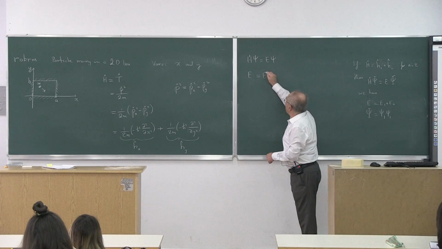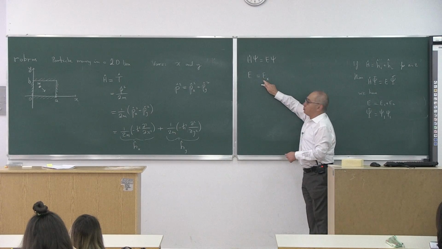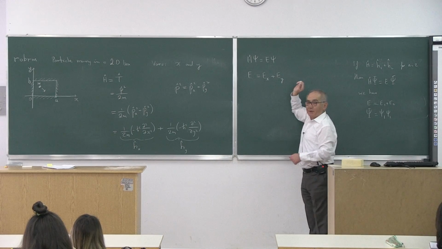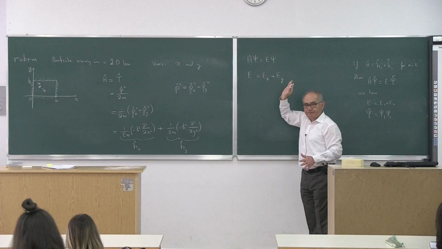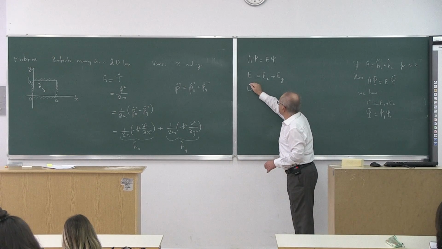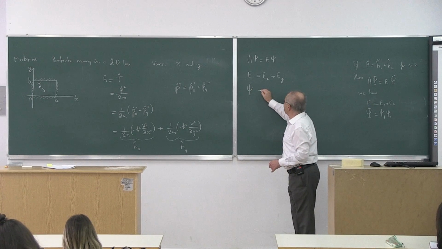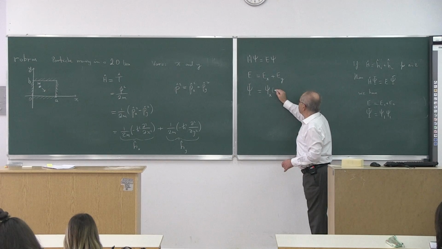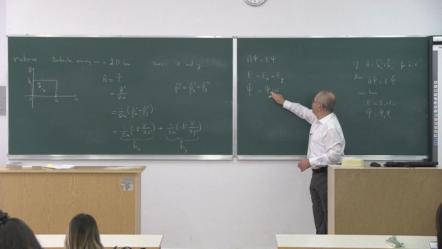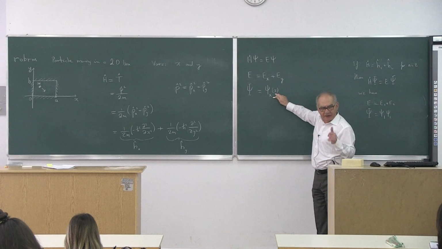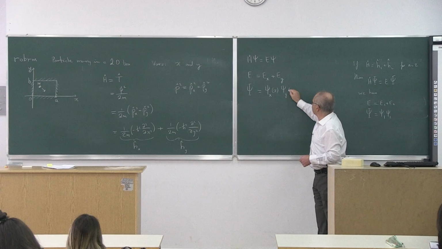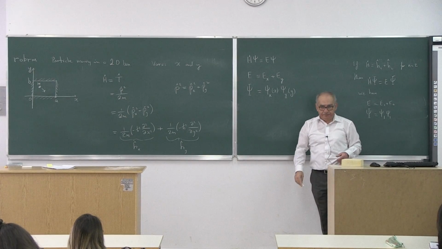Let us call it the energy of the X particle plus the energy of the Y particle. All right? And the total state function is the state function for the X particle, which is explicitly a function of the X variable, multiplied by a state function for the Y particle.